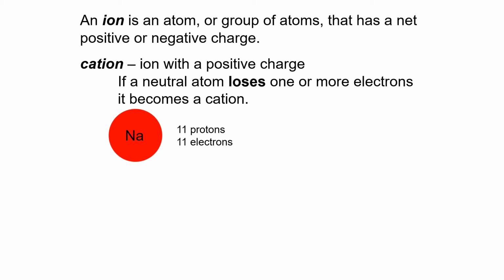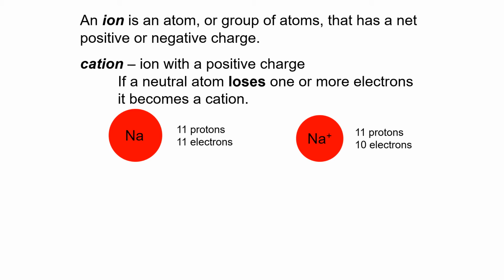So here we have a sodium atom. Its atomic number on the periodic table is 11. So the neutral atom contains 11 protons and 11 electrons. So 11 pluses, 11 minuses. So it has 0 net charge.